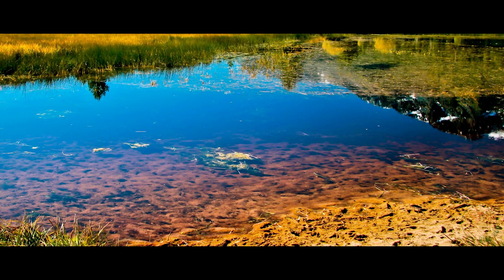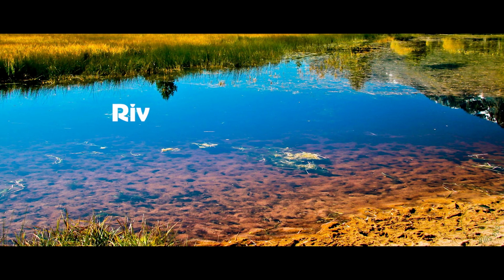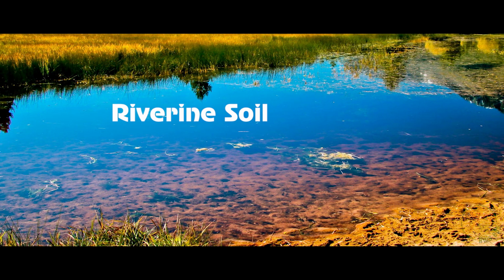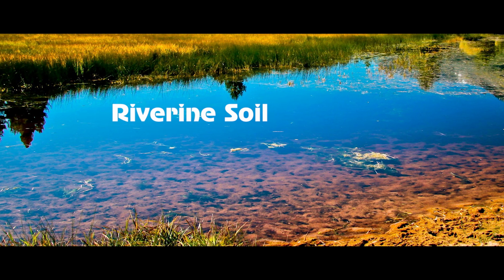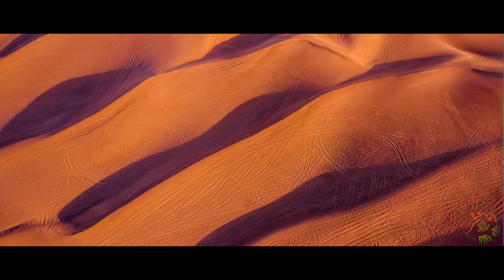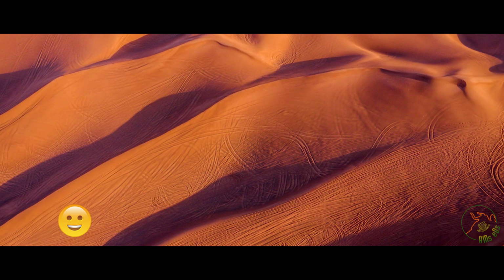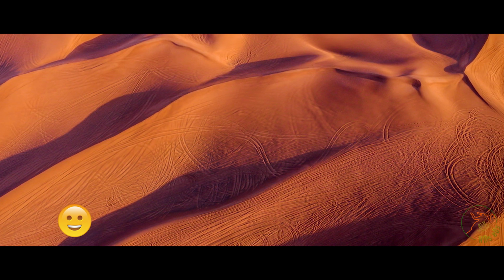Now, this alluvial soil is also known as riverine soil, as it is mainly found on the river basins. So please note that according to certain factors or conditions, the same soil may be called by different names.